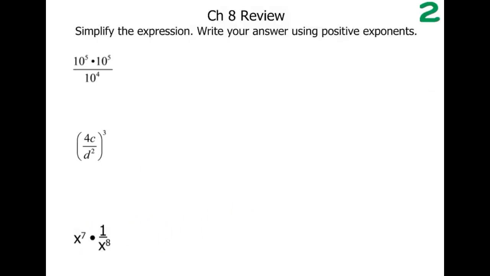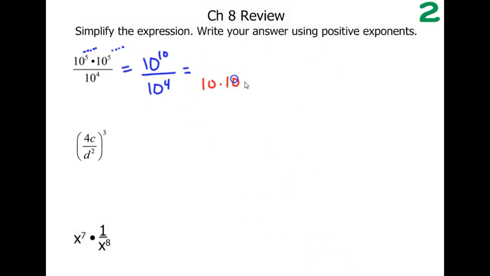Let's take a look at the next slide. Alright, we have 10 to the power of 5, so we really have 5 tens up here, another 5 tens, so if you want you can simplify. You know there's 10 tens, there's 5 here and 5 here. On the bottom you have 4 tens, so if you'd like you can write them all out, but you know that 4 of them are going to cancel out.